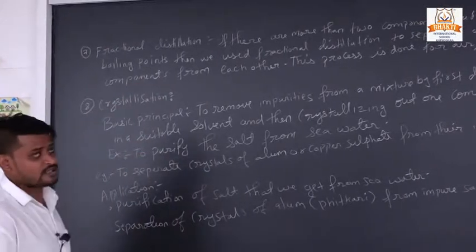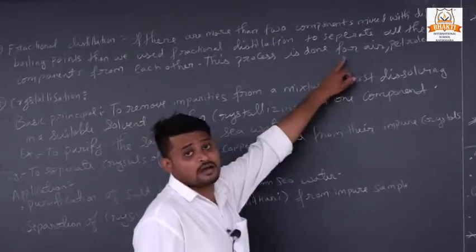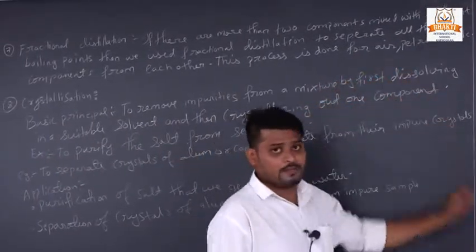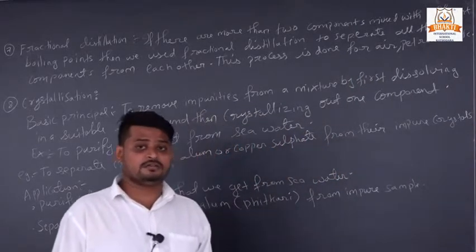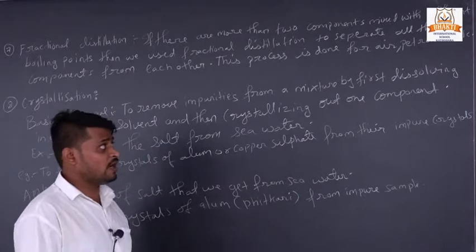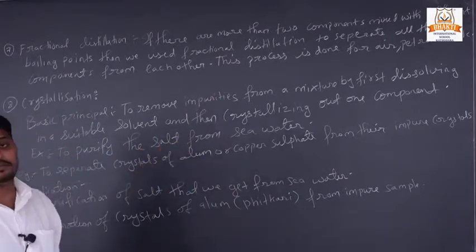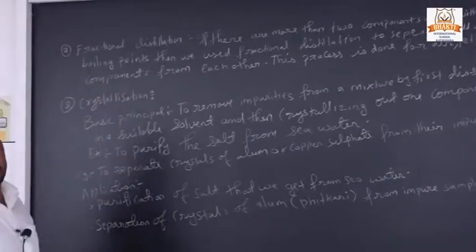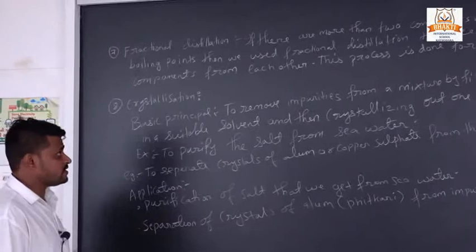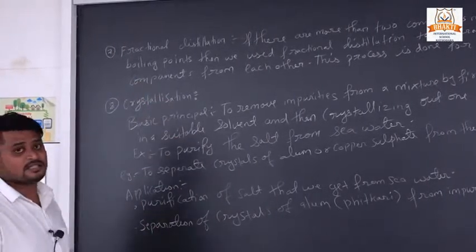From this process we separate air and petroleum. We all know diesel, kerosene, petrol, CNG and LPG are all fractions of petroleum. So by fractional distillation we get different substances at different temperatures.